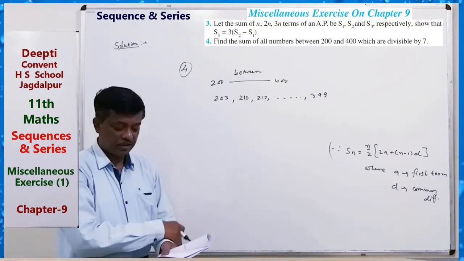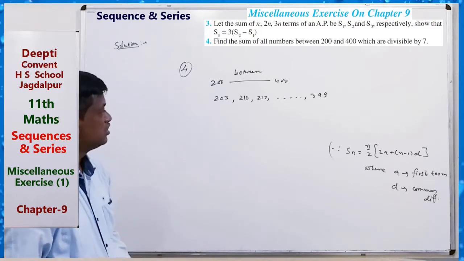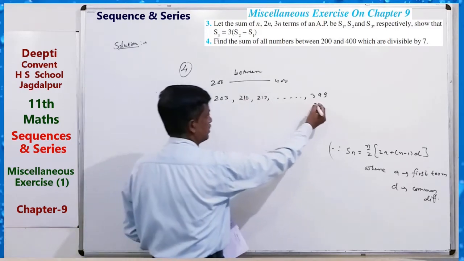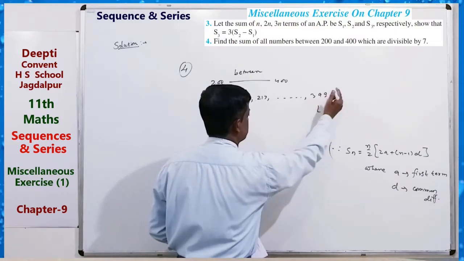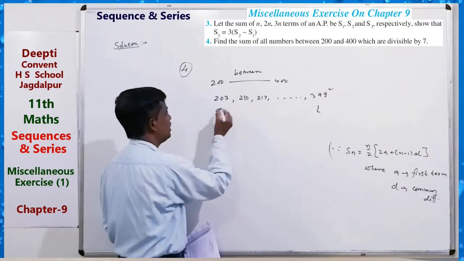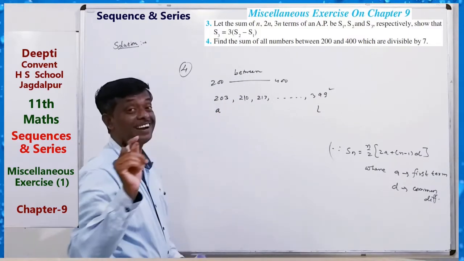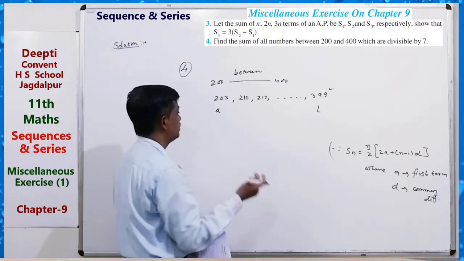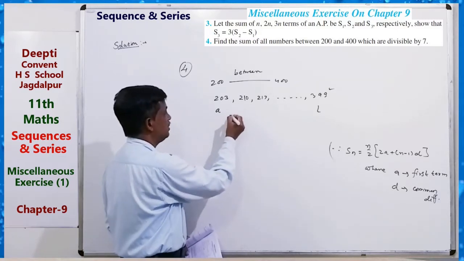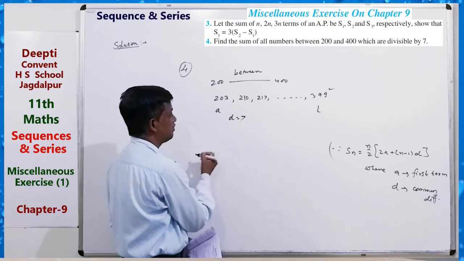Okay, this is an AP, very clear. Here the last term is L, which is 399, and the first term is A, which is 203. We require n, the number of terms. D is 7.